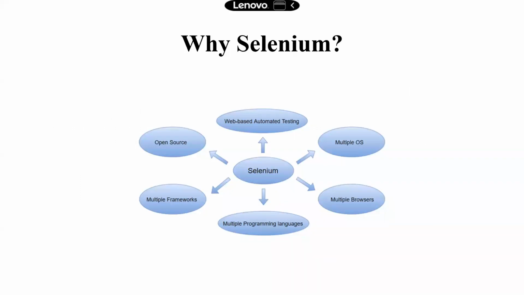This is another description of why we are going to use Selenium. First of all, it supports web-based automation testing. So whenever we have to test a website, Selenium would be our first choice. Then it supports multiple operating systems. What do we mean by operating systems? We can use Selenium for Windows, Linux, Mac.